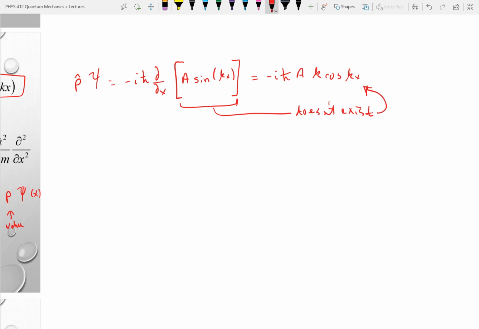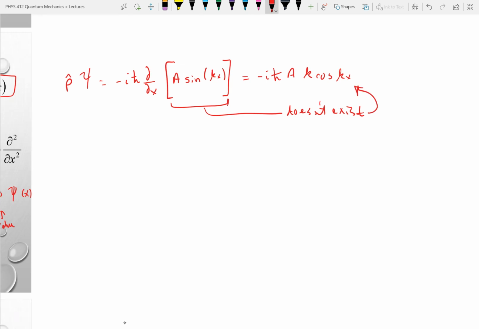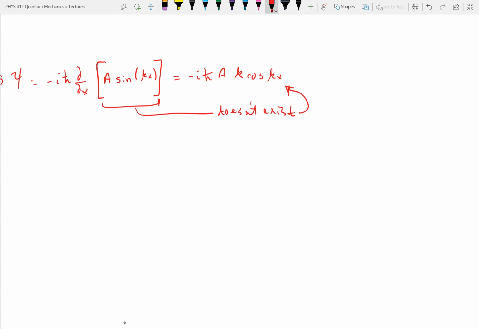Now, I suppose one could say, oh, I can find a way. I could say minus i h bar k, well, let's just put a cotangent of kx times a. One could put it like that.